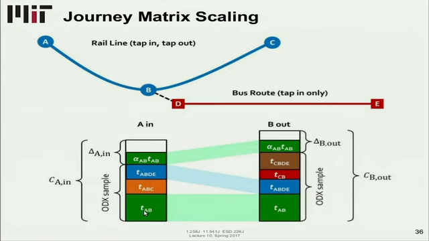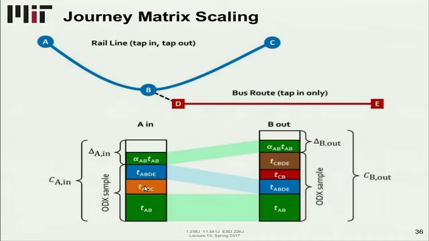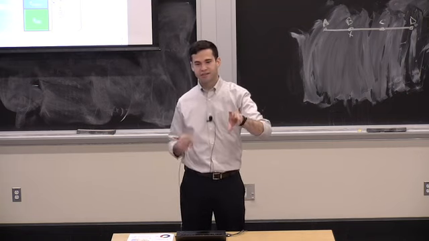A portion of those people are inferred to have gone from A to B, a portion to ABC, a portion on itinerary A, B, D, E, right? And then there's some portion of it shown here as delta A in, who are included in the counts, but we don't have an inference of their itinerary.